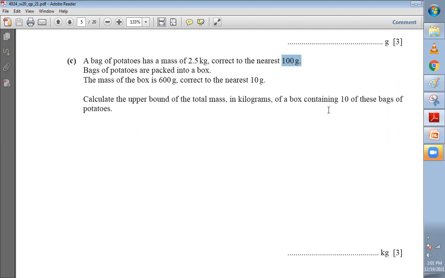So one good thing I can do is convert them into kg. If I convert 100 gram into kg, that will be 0.1 kg. Then you divide 0.1 kg by 2, you get 0.05 kg.